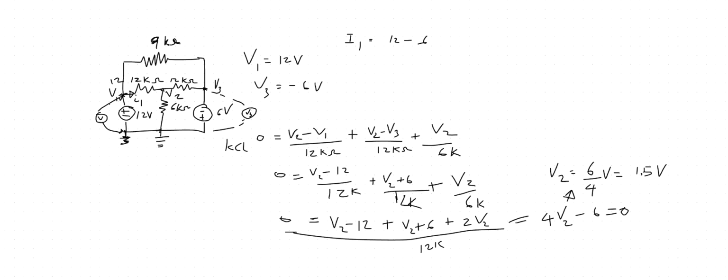Why would it be minus 6? What is V2? 1.5. Okay, good. So where's minus 6 volts? It's V3. So V2 is what? 1.5.